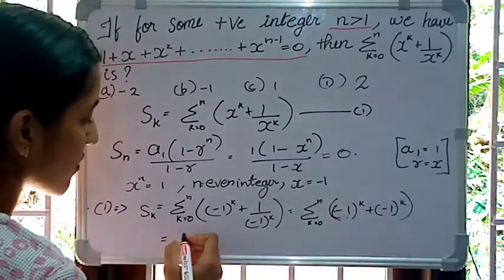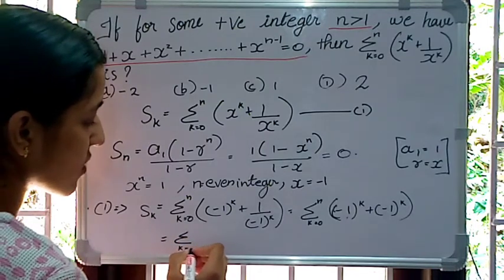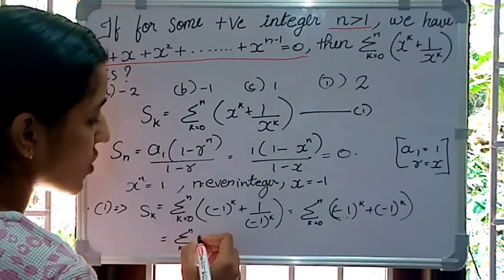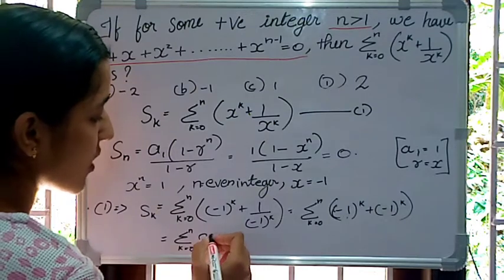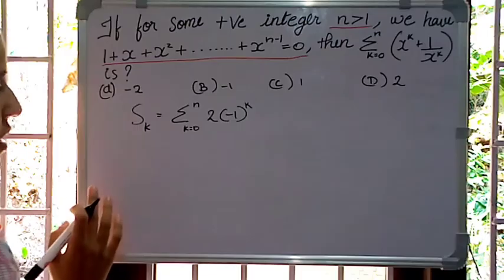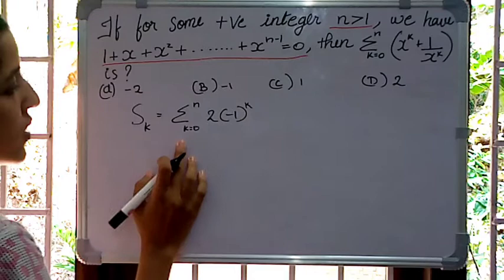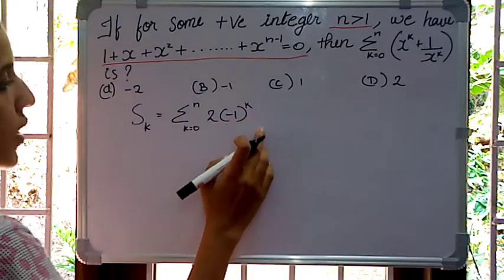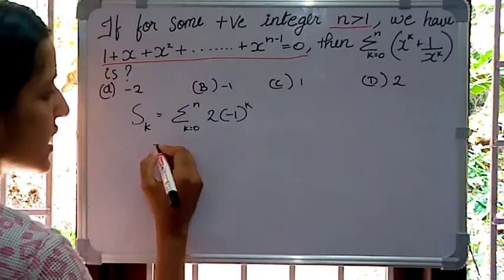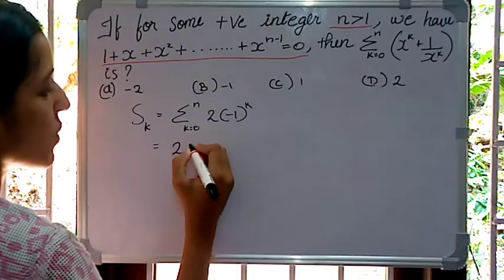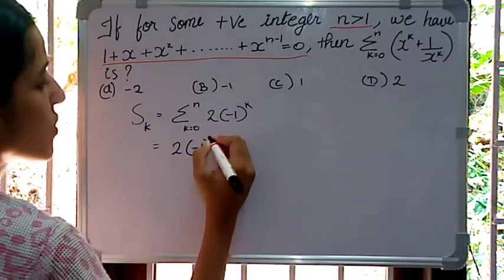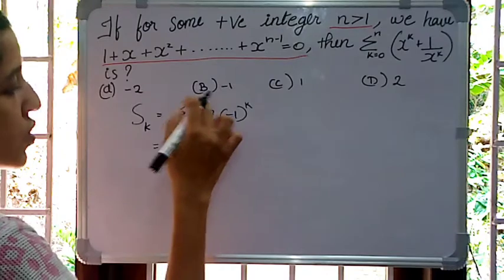So on further solving, we get summation of k equal to 0 to n, which is 2 minus 1 whole raised to k. So as we have got Sk equal to summation of 2 into minus 1 raised to k. So on expanding it, we get 2 into minus 1 raised to 0. So k value starts from 0 to n.